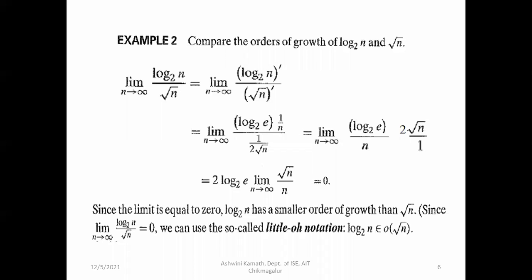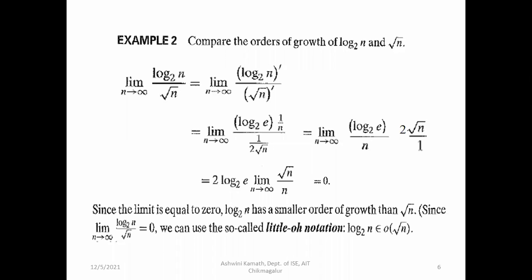The reason is the value is equal to 0. The value must be less than or equal to some value; then we can say that it is in big O notation. But here it is exactly equal to 0.